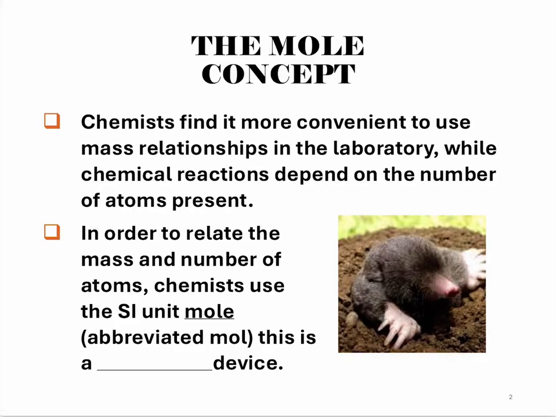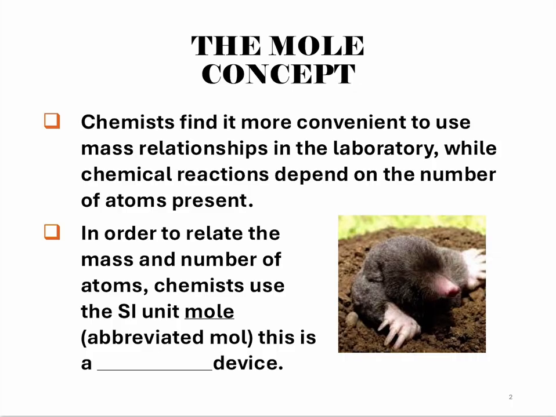So the way to simplify these types of relationships, or determine the amount of the things that are involved in chemical reactions or physical processes or chemical processes, is to use a counting device.